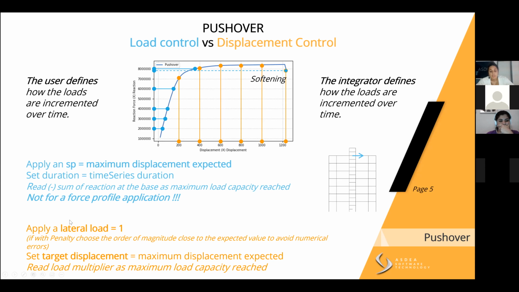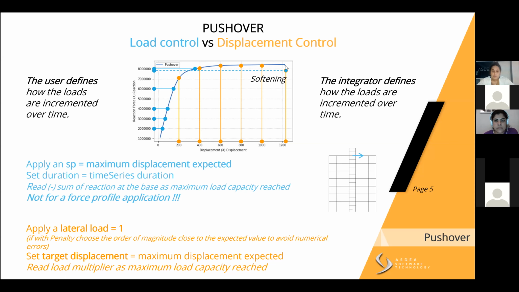So what's the main difference, and why do we always use displacement control? Because as I said, this case has some limitations. This is because in a generic pushover curve, what we actually want to capture is the post-peak behavior. So we want to see when the structure is going to fail, and so not just the maximum capacity in terms of reaction force, but also in terms of displacement.